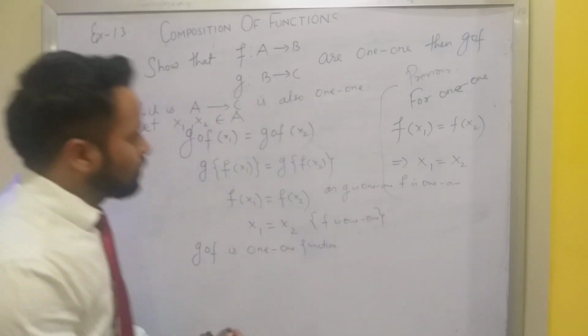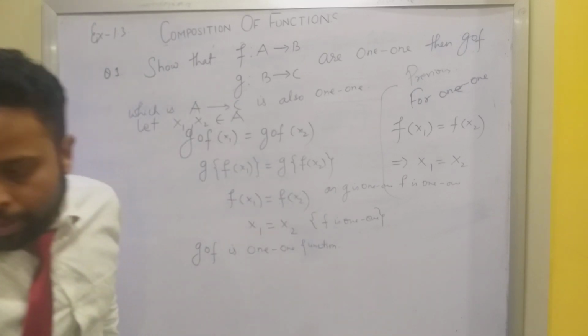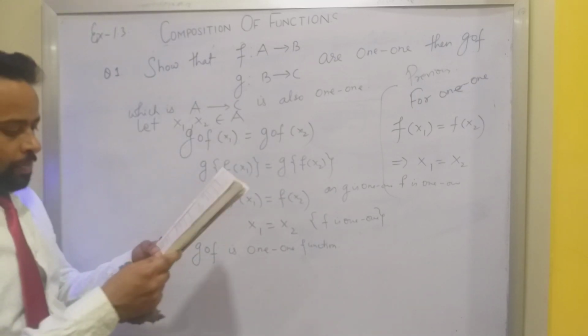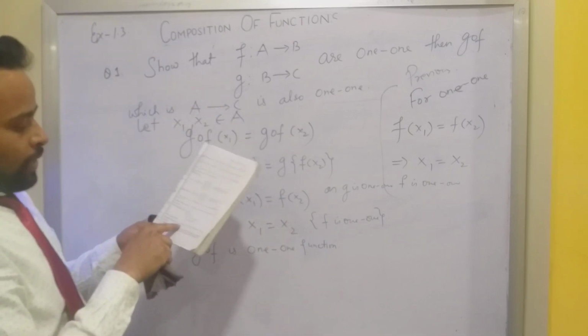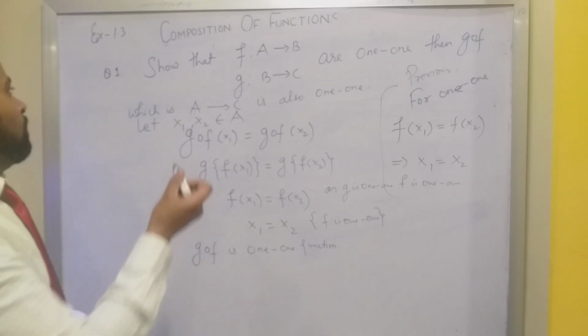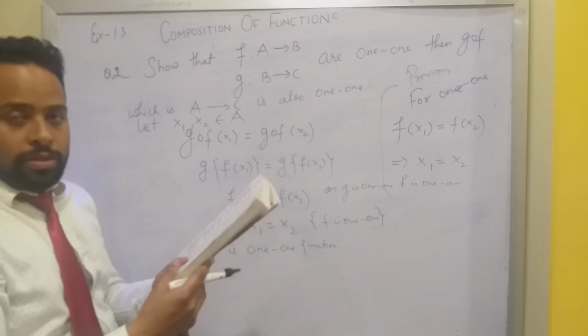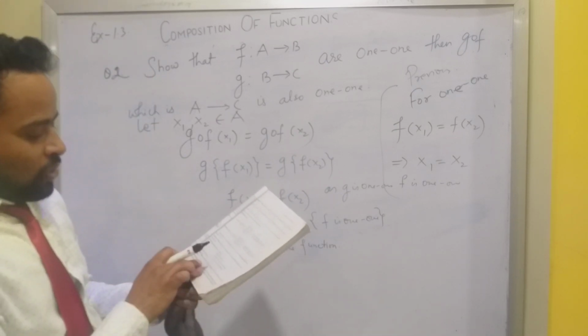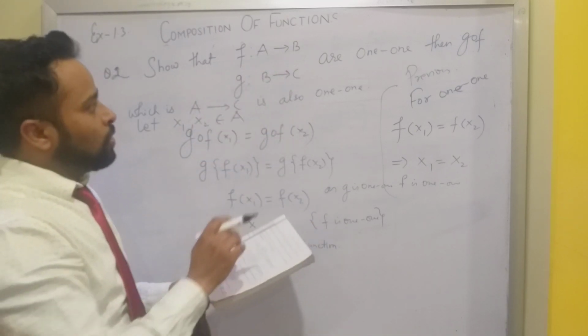Next one is, let us try one onto question also. Okay, there it is. Show that f is from A to B. This is number 2. These are little technically different questions, you can understand. So that f from A to B, g from B to C are onto.